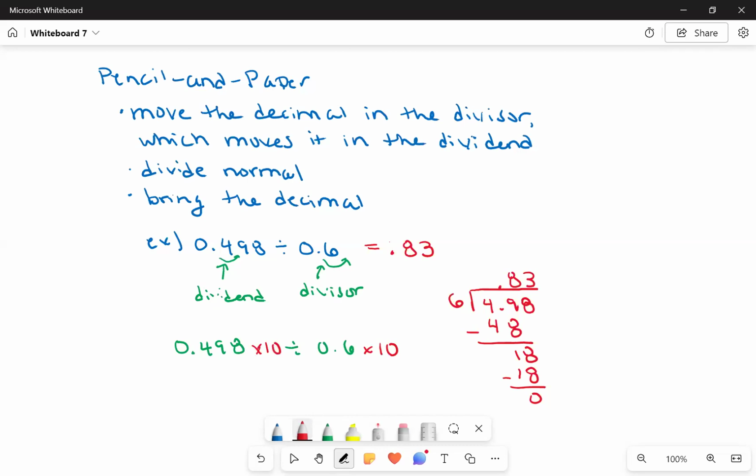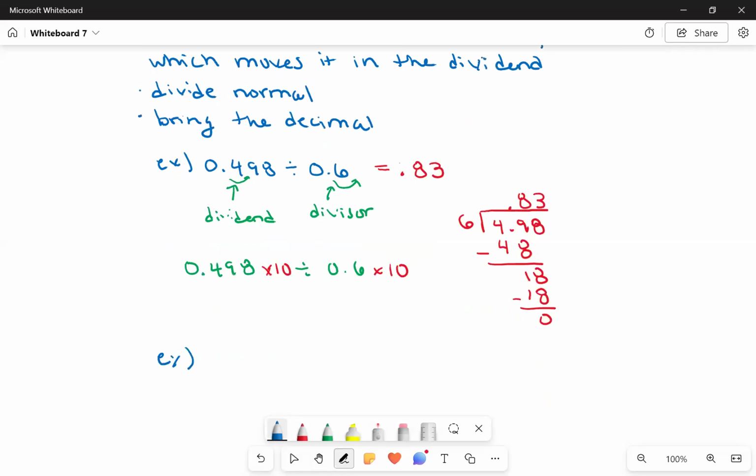And we can do that because a division can be thought of as a fraction. 0.498 over 0.6. And we can multiply top and bottom by a common number. We also saw that trick too. We've been using that trick for mental calculations when we have done division and we've multiplied by something in both values.